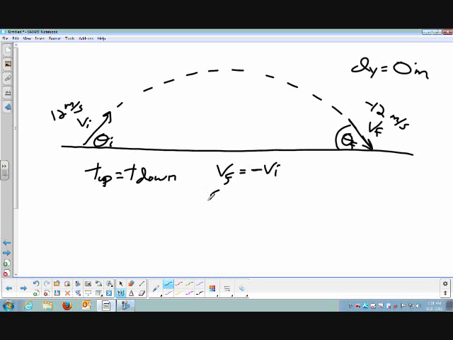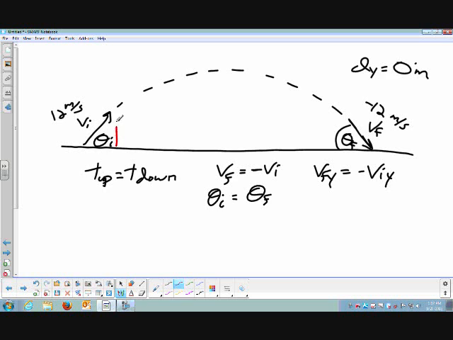The angles are going to be the same. My launch angle or my initial angle is going to be the same as the angle that it hits the ground. Now, since there's no acceleration in the x direction, there's no change in velocity in the x direction. With that statement, and with the final velocity equal to the negative of the initial velocity, we can also make the statement that my final velocity in the y direction is the negative of the initial velocity in the y direction.